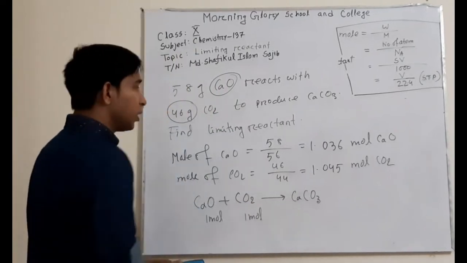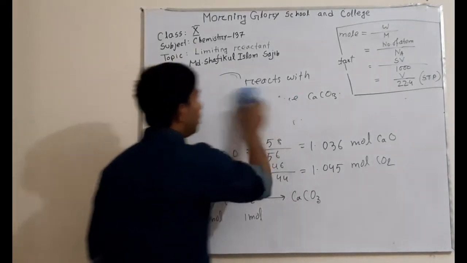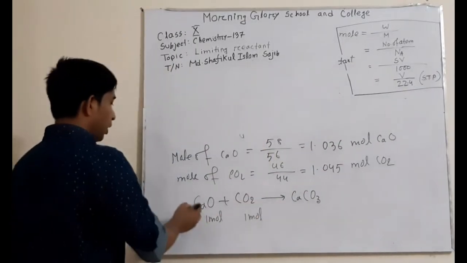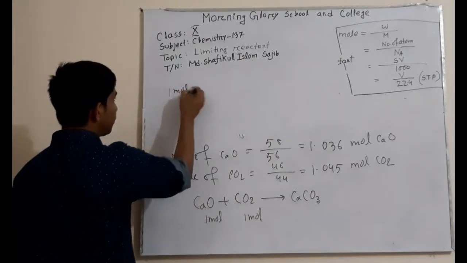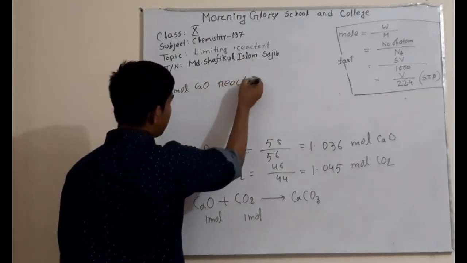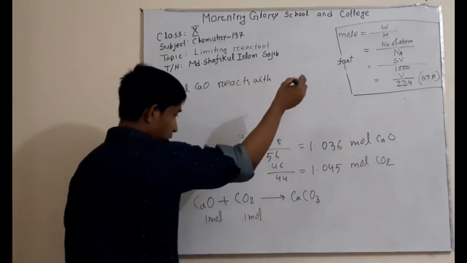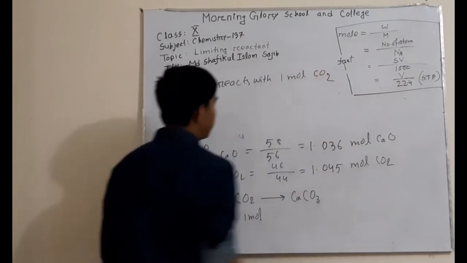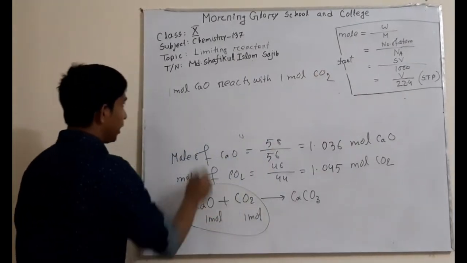Now let us see the unitary method for finding the limiting reactant of calcium oxide and carbon dioxide. Now we can see 1 mole calcium oxide reacts with 1 mole carbon dioxide. That means from this balanced reaction we can write this.